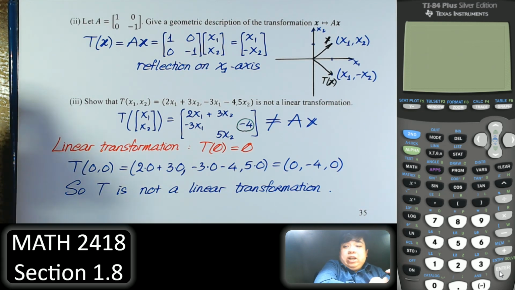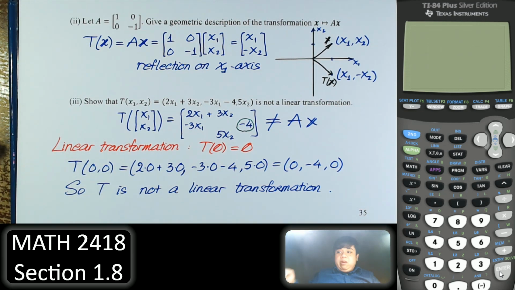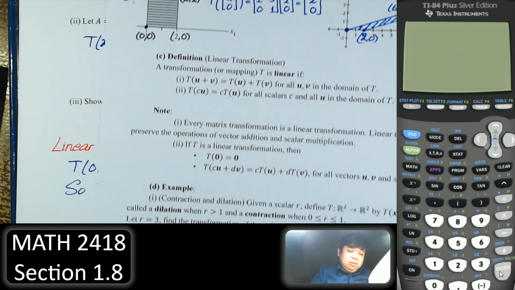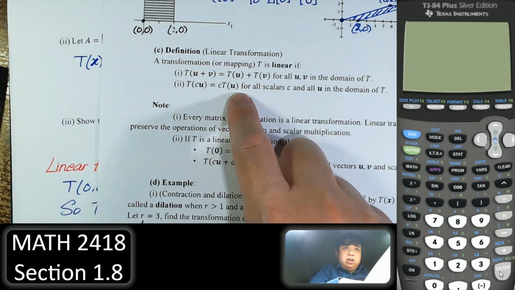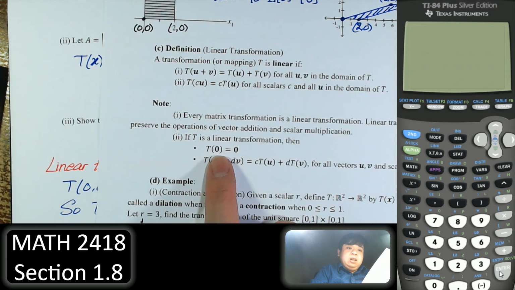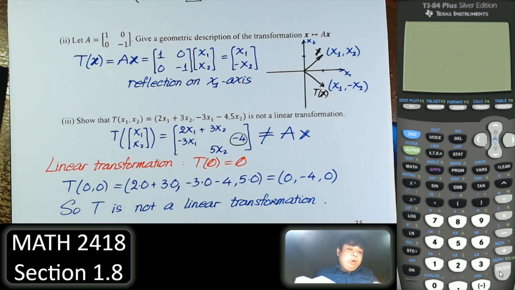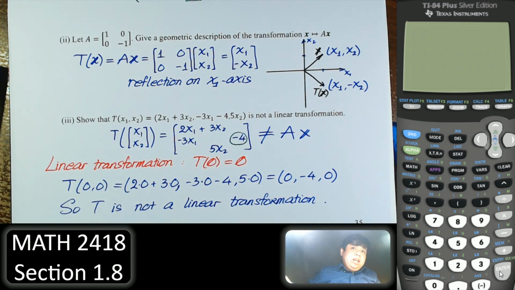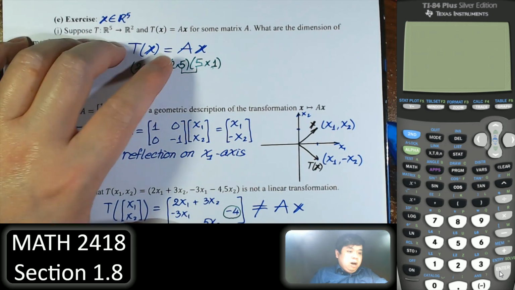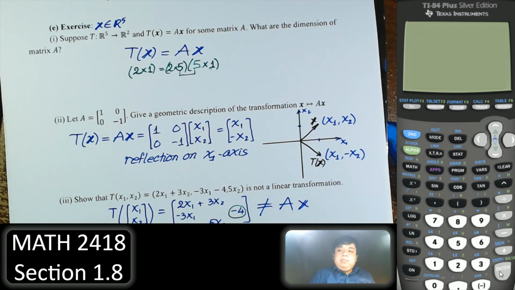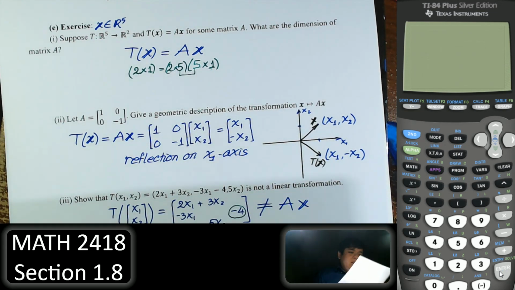A linear transformation has a lot of different properties by definition, but we use the easiest one, that the transformation of a 0 vector is a 0 vector, which we do not have. Because it is not a linear transformation, we cannot put it in the matrix form of a matrix times a vector. So that's all we have in this section.